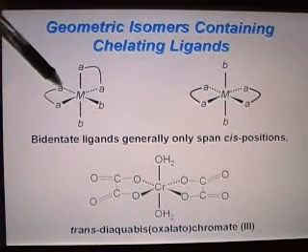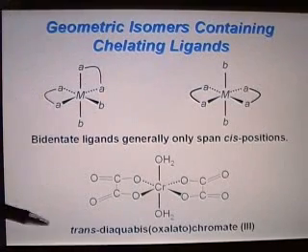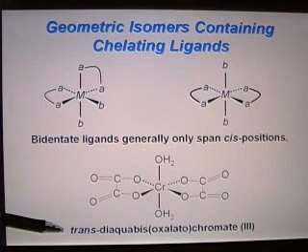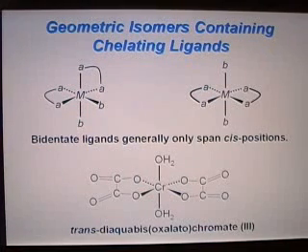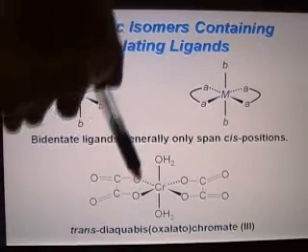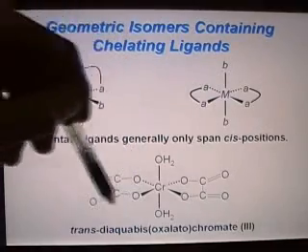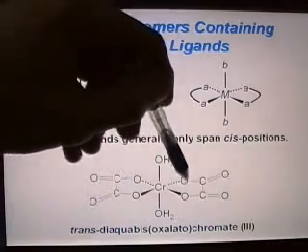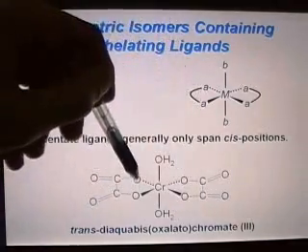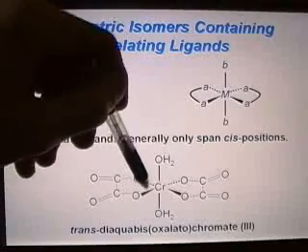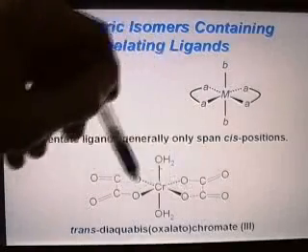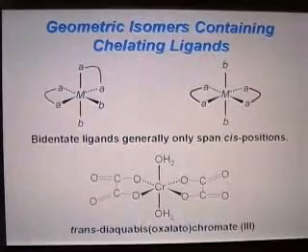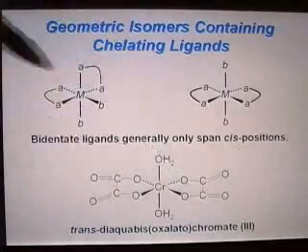to span trans positions. So for example, if we look at trans-diaqua bisoxalato chromate 3, you'll notice that this compound has the oxalate ion bonded. Of course, the oxygens are in cis positions, but the two oxalate ions are 180 degrees apart from one another.